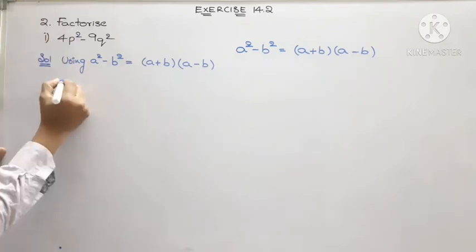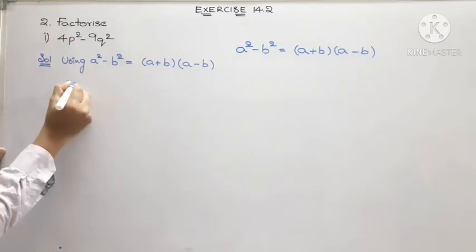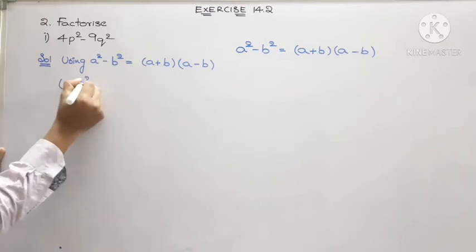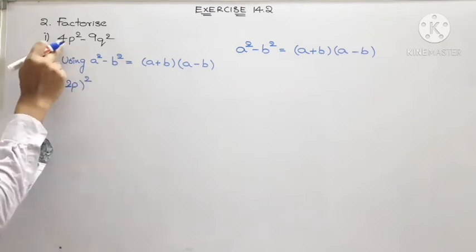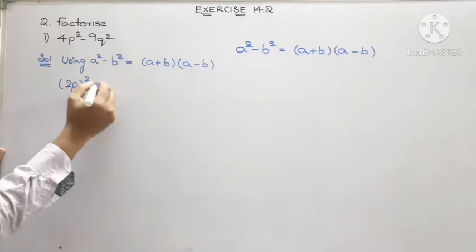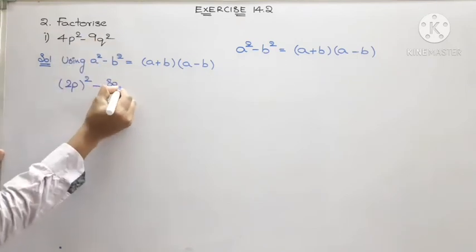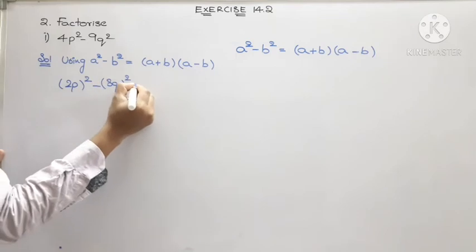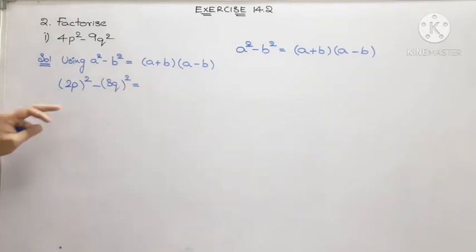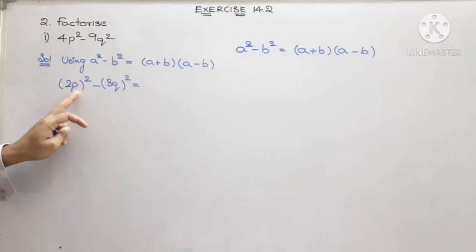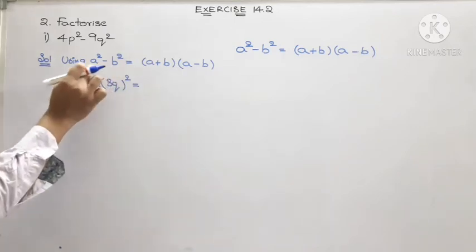In that case, 4p square we can write as 2p whole square, because 2 times 2 gives us 4, p into p is p square. 9q square we can write as 3q whole square. So 2p whole square minus 3q whole square is of the form a square minus b square.